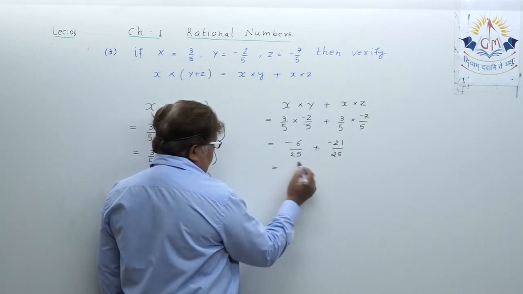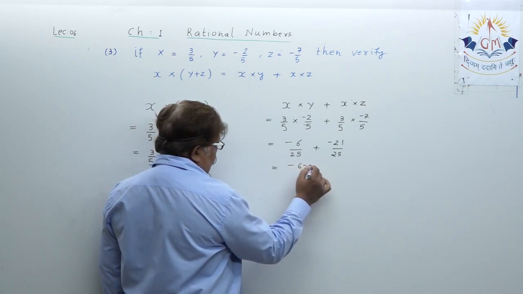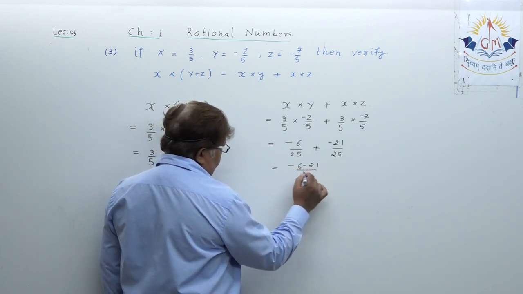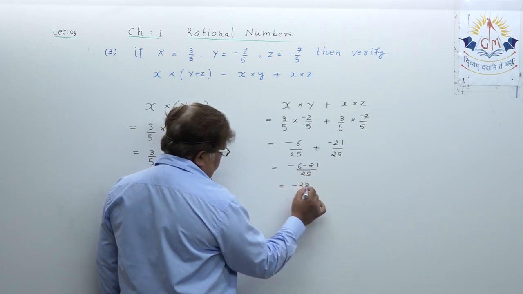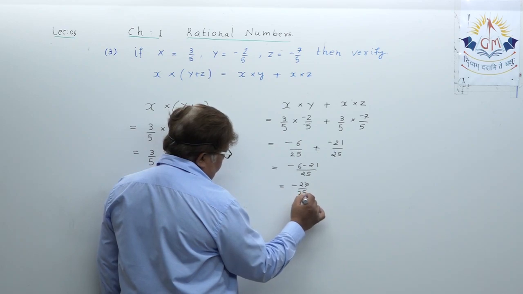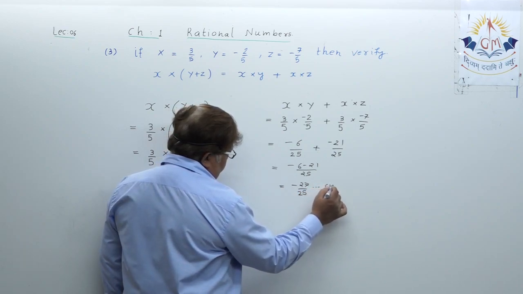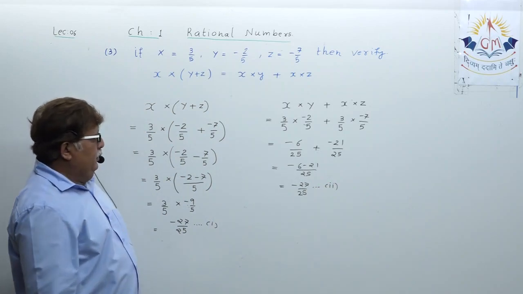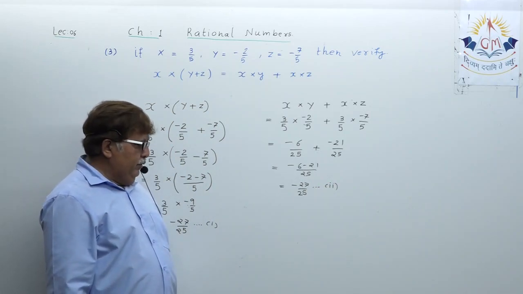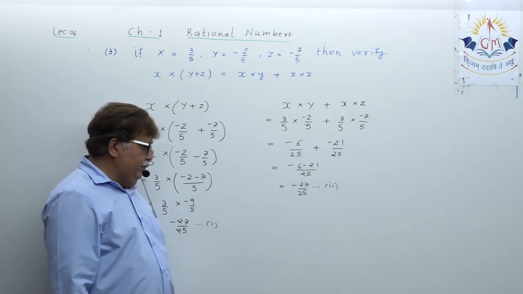Now the common denominator appears. So you got minus 27 upon 25. Please note down this. Minus 27 upon 25.